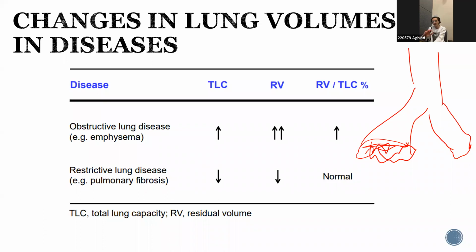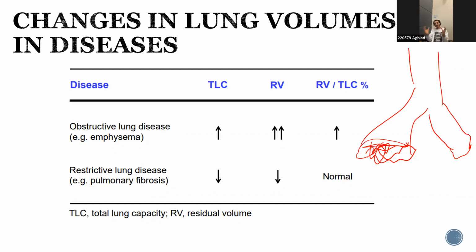But due to the nature of the alveolar sacs, that helps in pushing the residual volume. You'll get more residual volume when you take out these alveolar sacs.